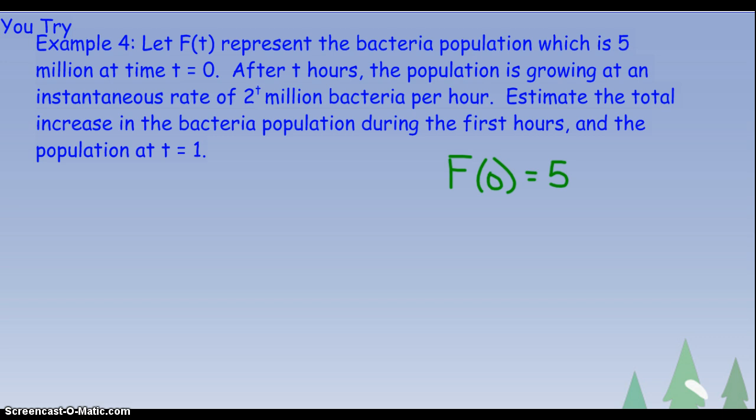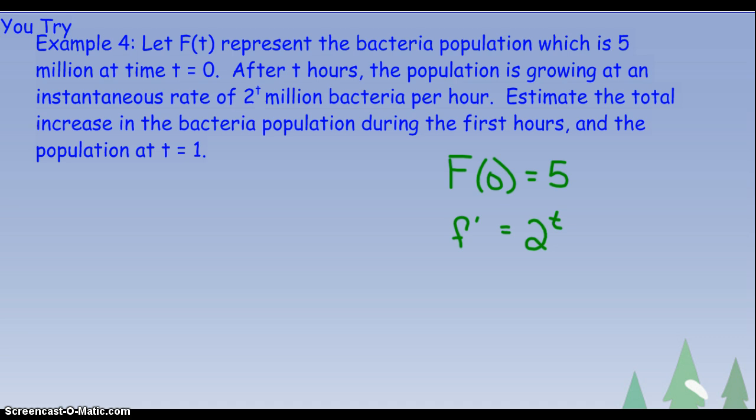After t hours, the population is growing at an instantaneous rate of 2 to the t million bacteria per hour, meaning that we have f prime of t equals 2 to the t million bacteria per hour. Estimate the total increase in the bacteria population during the first hour and the population at t equals 1.